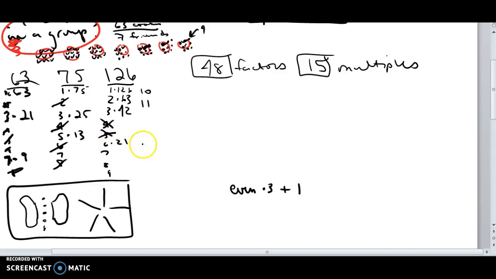7, you just have to flat out divide, unless you know the trick, which I don't. All right, so 7 is 18. And then 8, you might be tempted to say, well, 2 works and maybe 4 or whatever, you have to check. But obviously 4 doesn't work, so 8 can't.